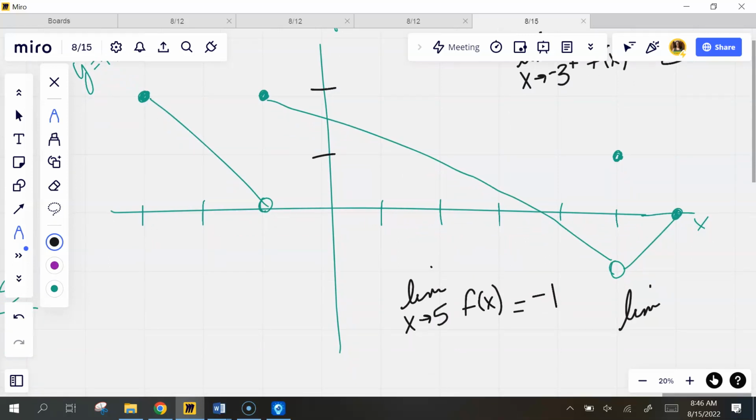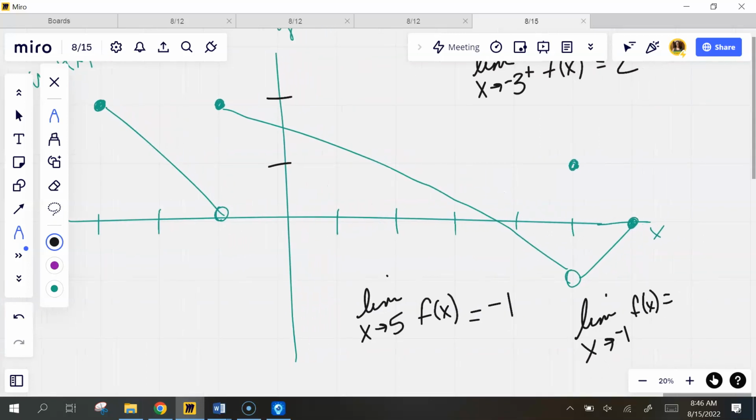What's the limit as x approaches -1? Does not exist. Why does it not exist? The left and right are different. That's exactly right. What is the limit as x approaches -1 from the left? Yeah, that's right. How about from the right?